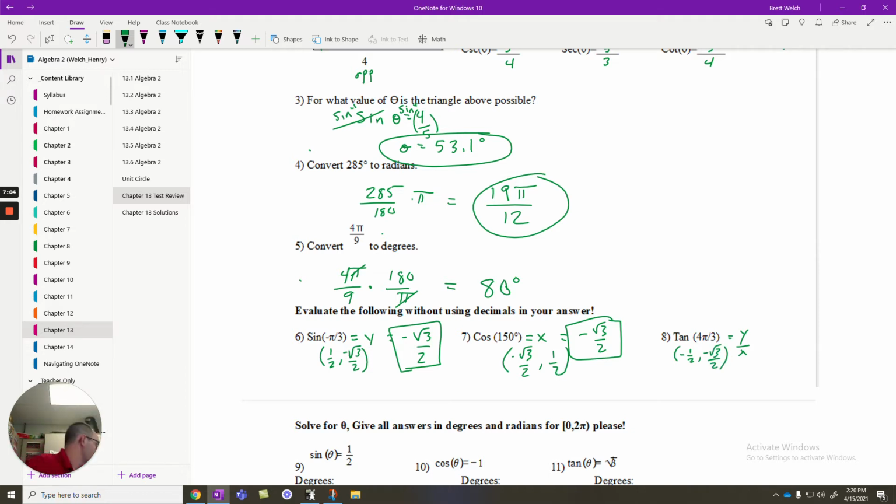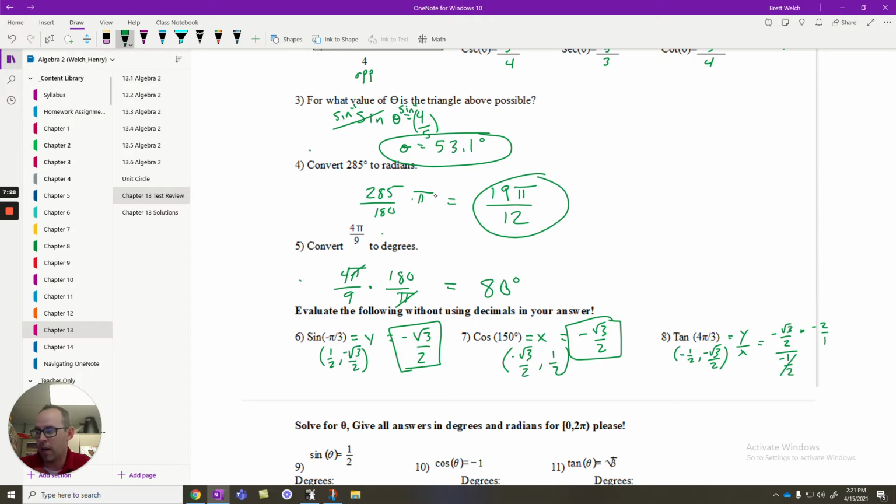I'm going to look over at my circle real quick and just make sure when I switched from the other screen, I don't make any mistakes. So that looks good. So now I'm going to stick my y, which is negative root 3 over 2 over negative 1 over 2. Whenever I'm dividing fractions like this, we're going to choose to multiply by the reciprocal, which would be negative 2 over 1.